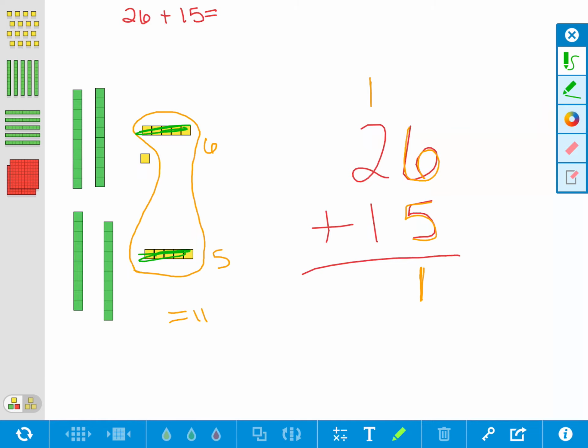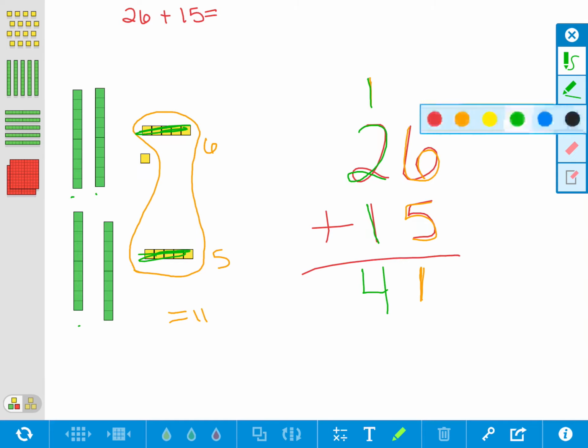Back to my place value blocks. Let's see. I've got 1, 2, 3, 4 tens over here. Now let's check over here. If I have 2 plus 1 is 3, plus 1 more, that equals 4. So my answer is 41.